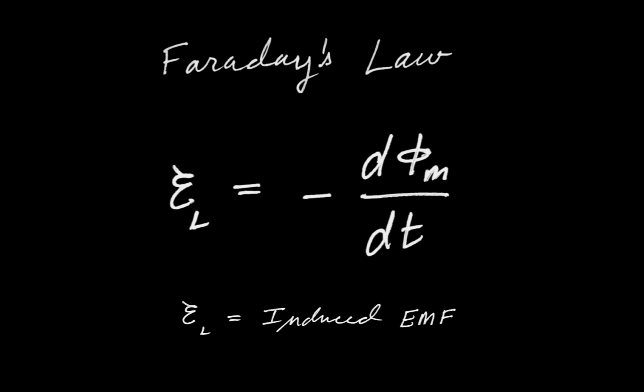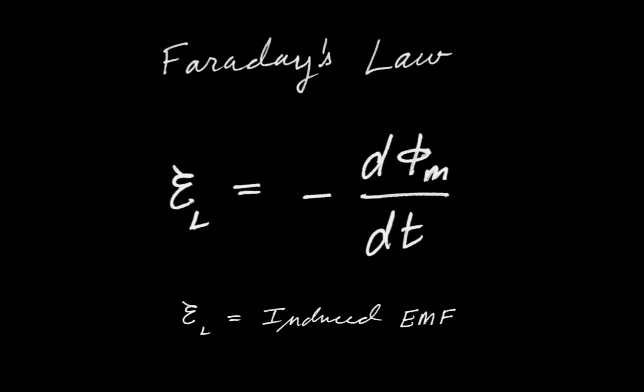The final physical law, which we use to describe this effect, is known as Faraday's law. Here, the induced EMF is equal to the negative of the derivative of the magnetic flux with respect to time. Notice that it doesn't just depend on the magnetic flux itself, which is necessary but hardly sufficient.